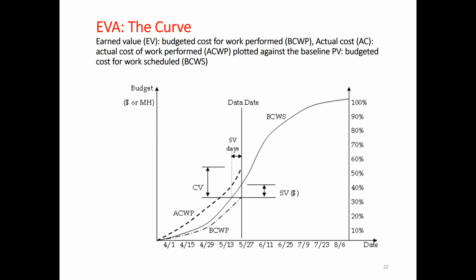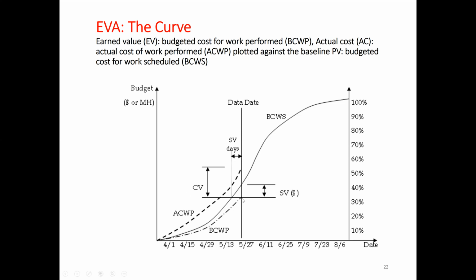Here, in the graph, this is how we draw the earned value curve. Earned value, budgeted cost of work performed, BCWP, and actual cost of work performed, AC, are plotted against the baseline, PV, budgeted cost of work scheduled, BCWS.